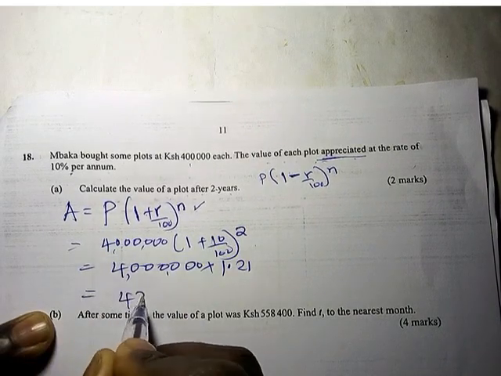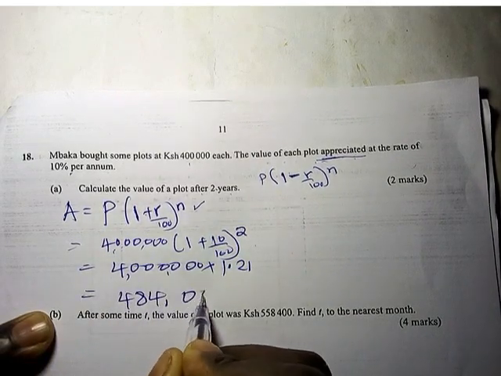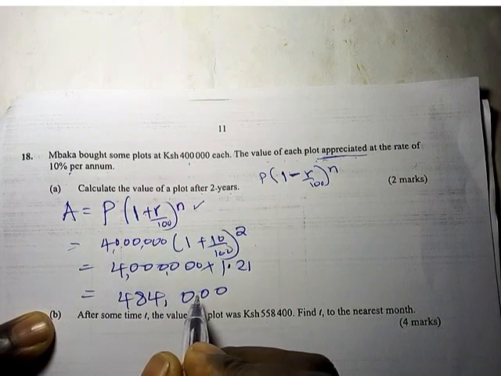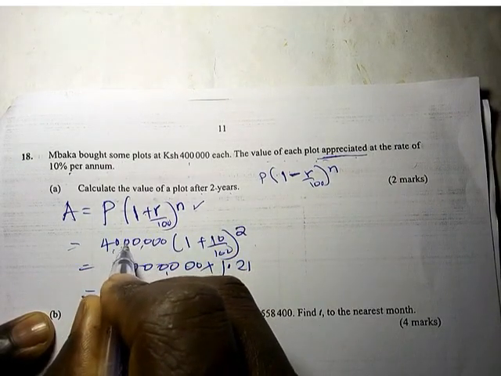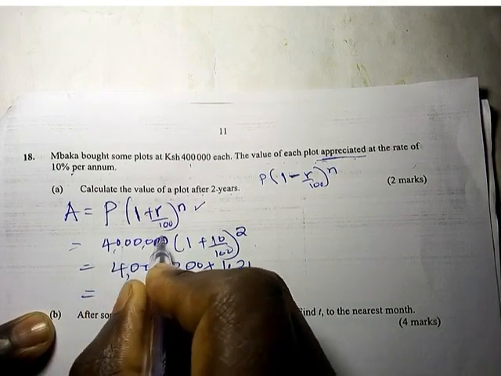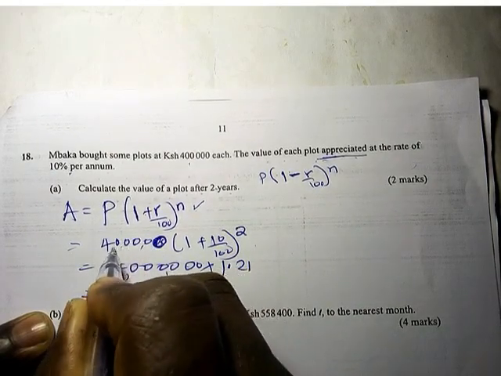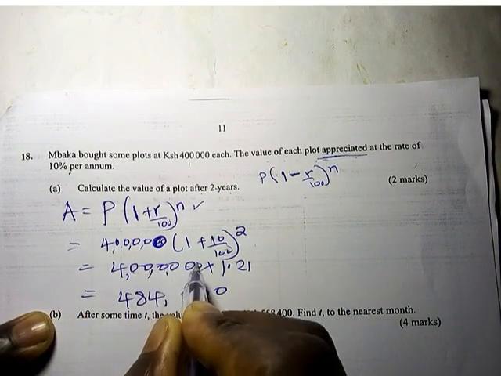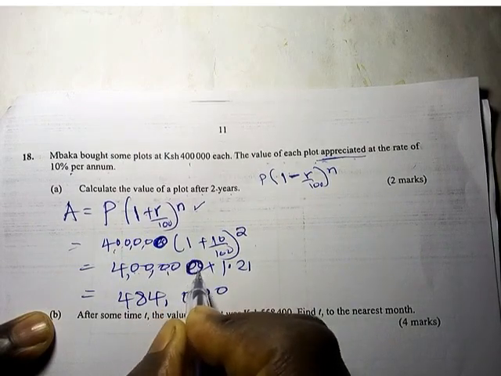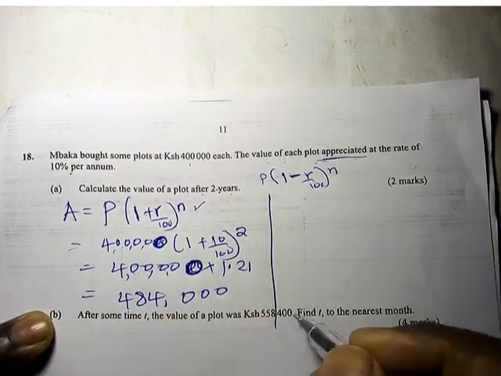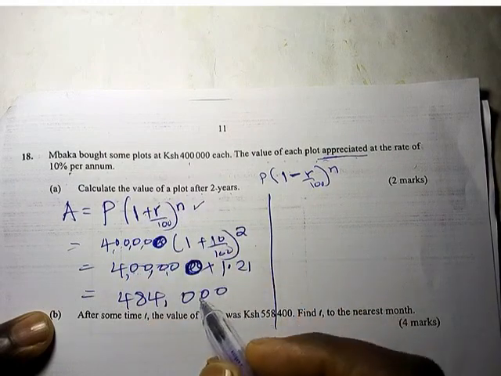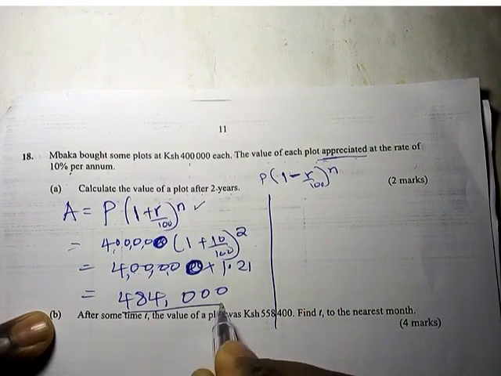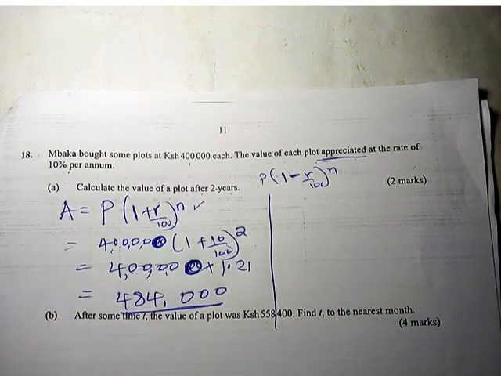Sorry, it was 400,000, not 4 million. 1, 2, 3, 4, it was 400,000. So after 2 years, this is the amount of that plot.